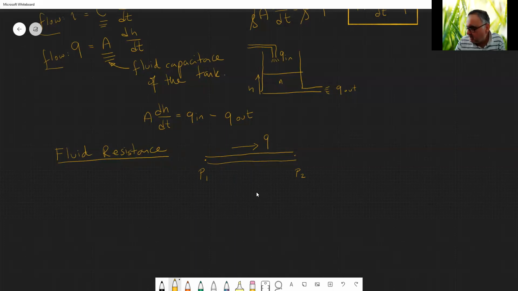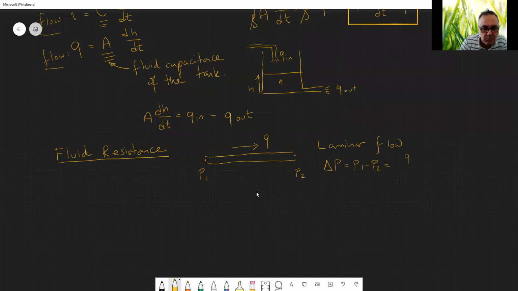Well, you can show that the pressure drop, especially if you have laminar flow, delta P, which is P1 minus P2, is proportional to the flow rate, Q. The more the flow rate, the more pressure drop.